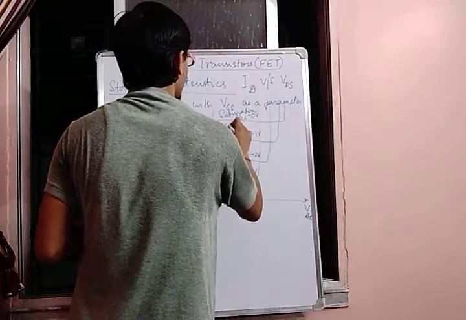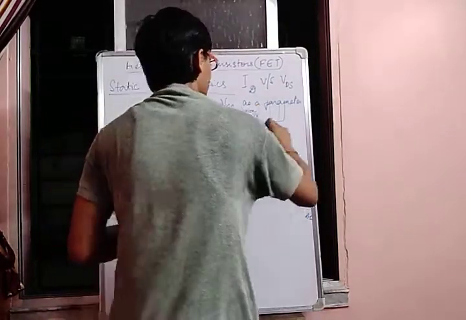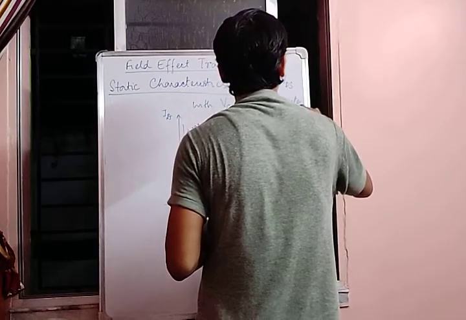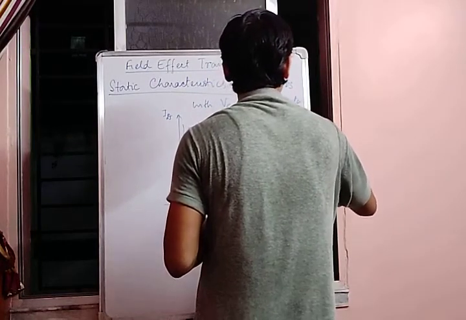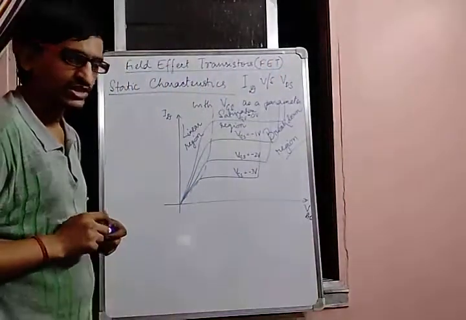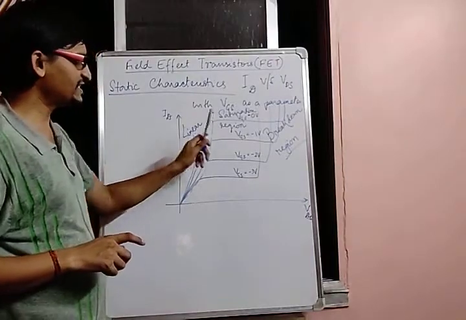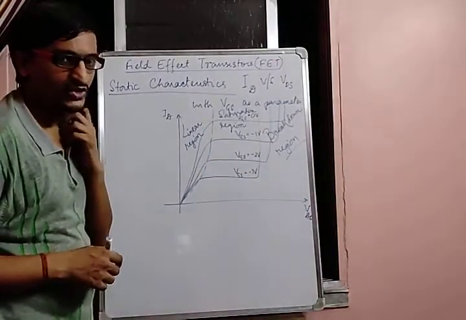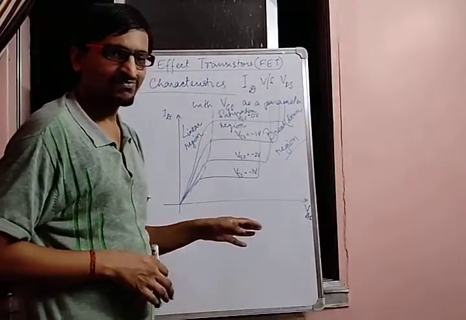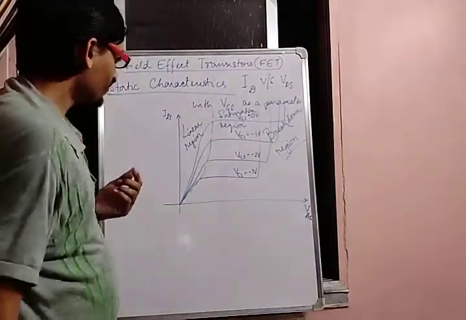This is the saturation region, and this is the breakdown region. So from the graph it is visible that it consists of three regions: linear region, saturation region, and breakdown region. So why are we getting this sort of graph? Let us discuss this first.